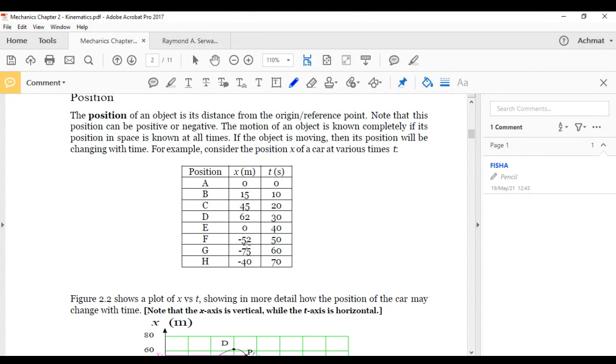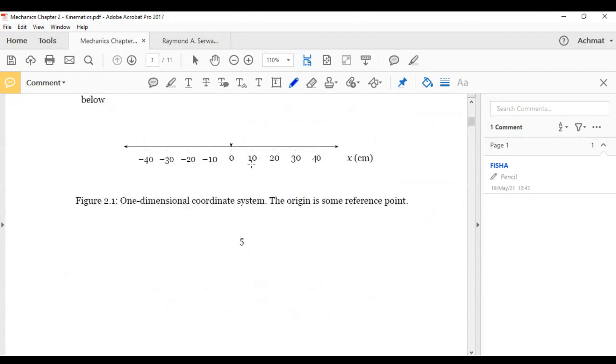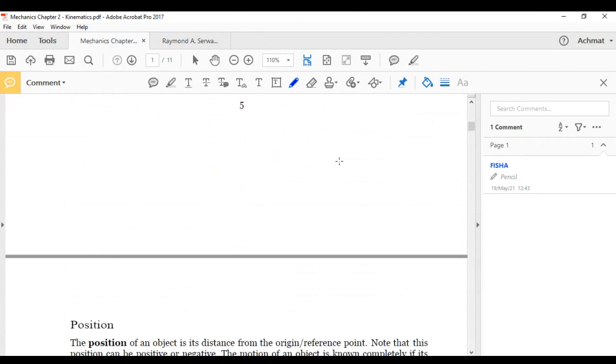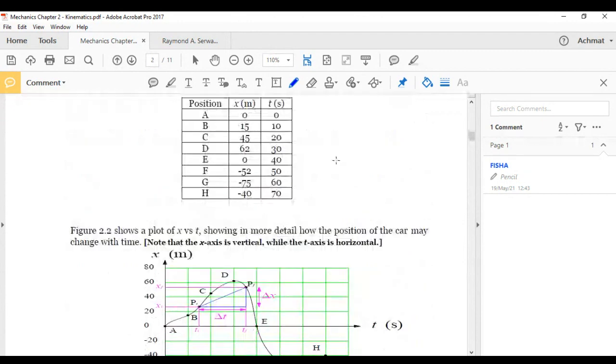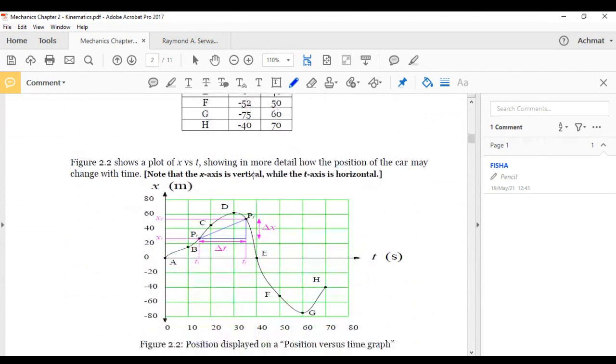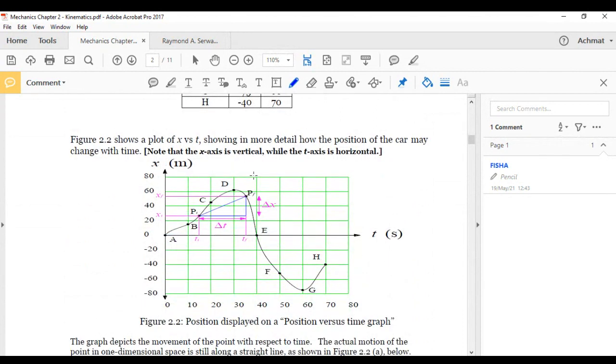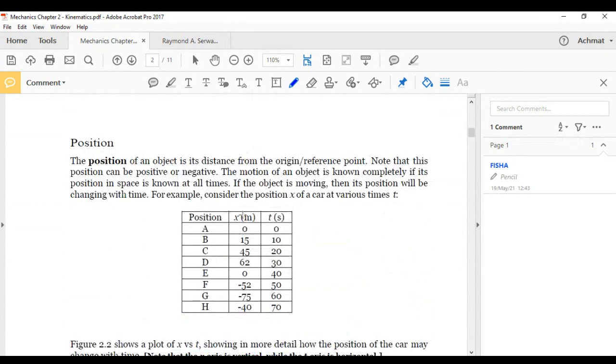We must look at these things on this number line. Let's not call it the number line, let's call it the axis, right? The x-axis. Okay, right, if you were to draw a graph of this, so here's a graph, right? A plot. You plot these things, position with respect to time.